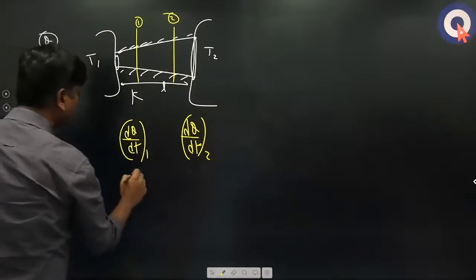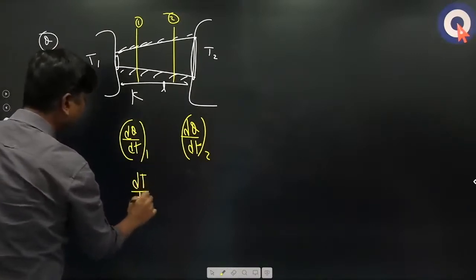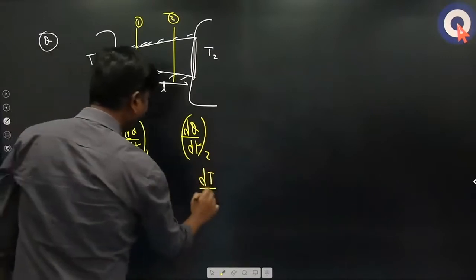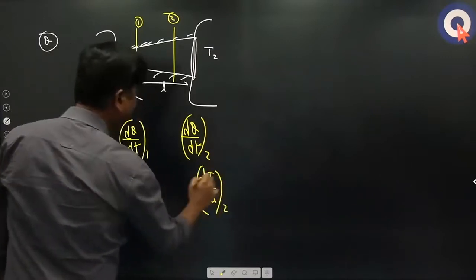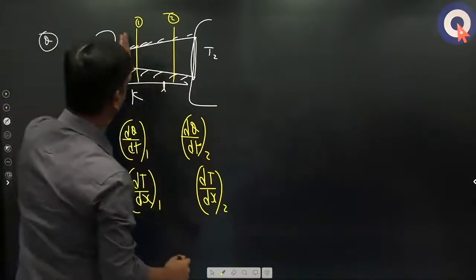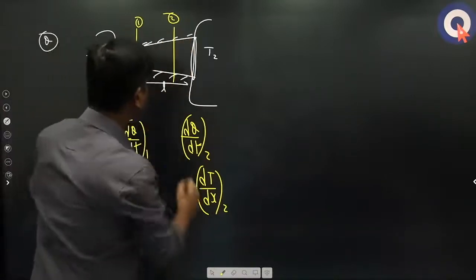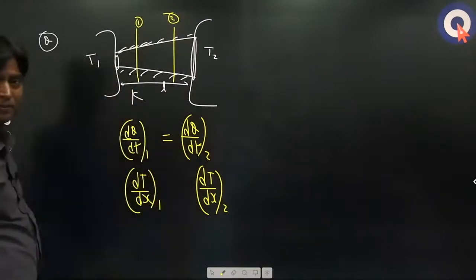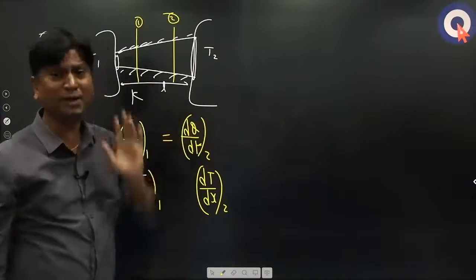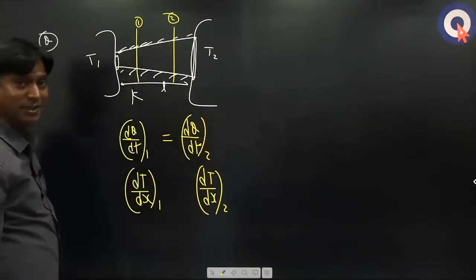Similarly, dt by dx is nothing but the temperature gradient across the first section and the temperature gradient across the second section. The same heat transferred across the first section is transferred across the second section. The rate at which heat is transferred across both sections is the same. But what about the temperature gradient?